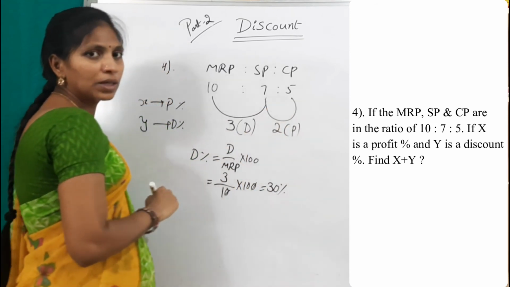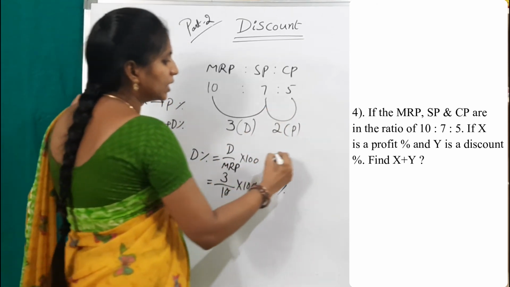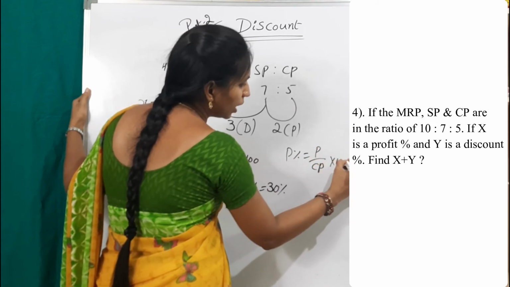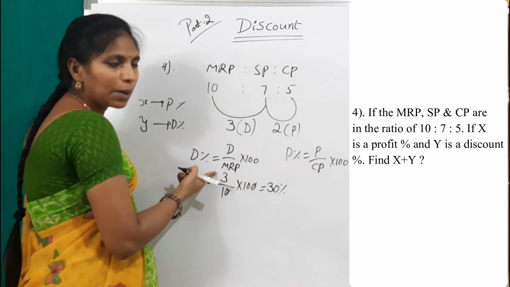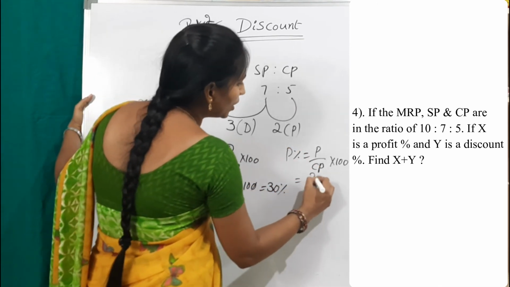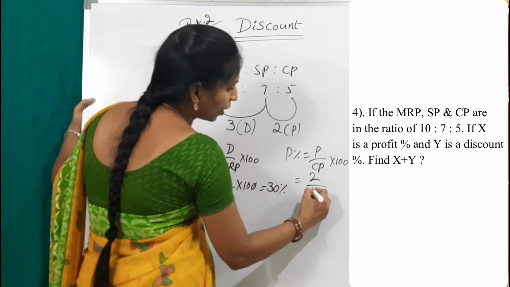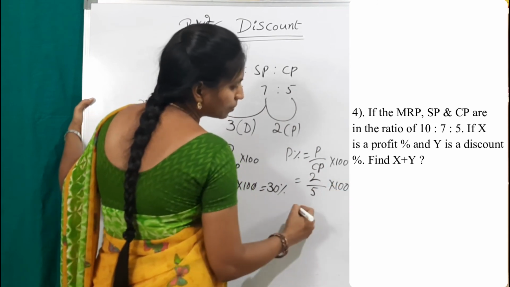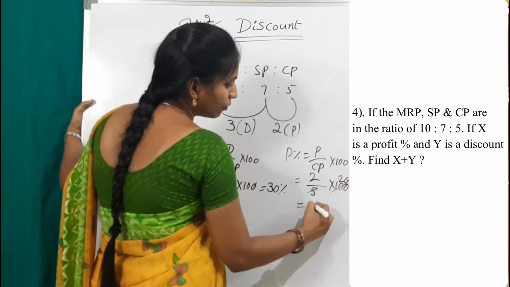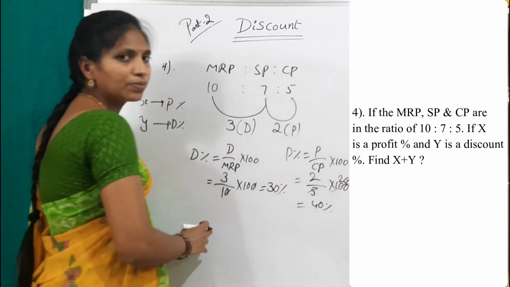2 parts. To find the profit percentage, what is the formula? Profit by cost price into 100. Discount is always on MRP and profit or loss is always on CP. So profit is 2 and cost price is 5. 5 into 100. So 2 by 5, 40 percentage.